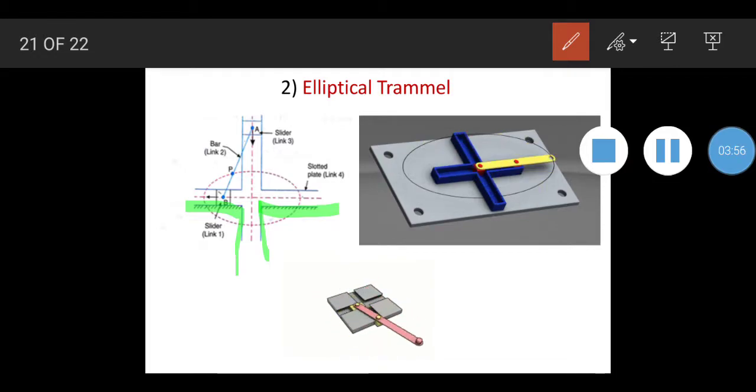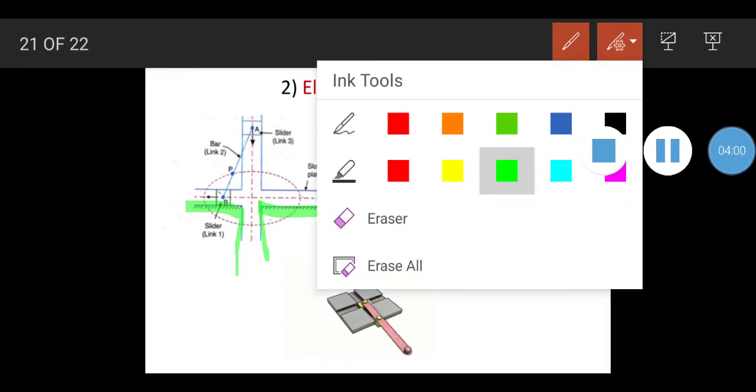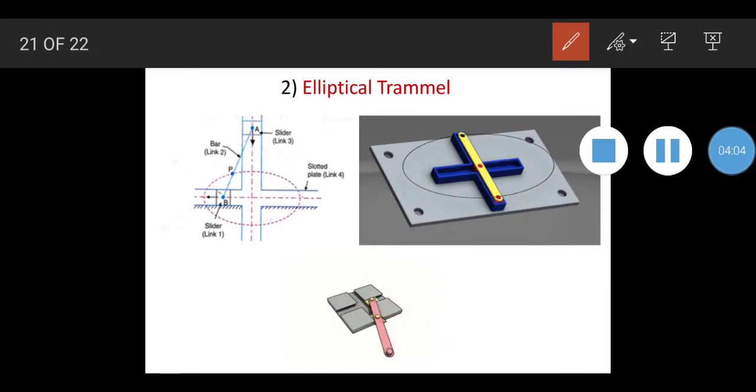Now link 1 and link 3 are sliders. Let me show you the links which are sliders. This is the first link, slider A, and link 3, this one, slider B. Link 1 and link 3 are sliders which reciprocate in the slotted frame.